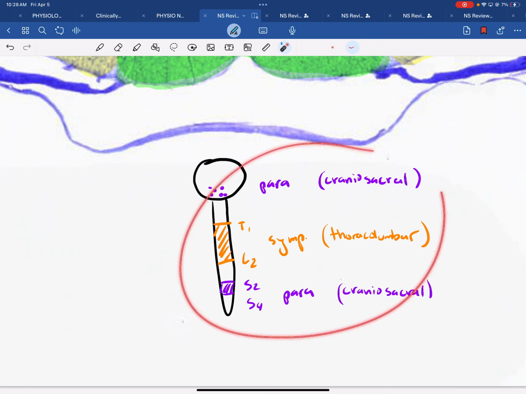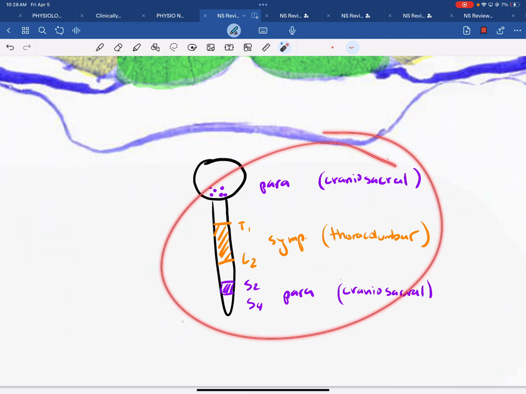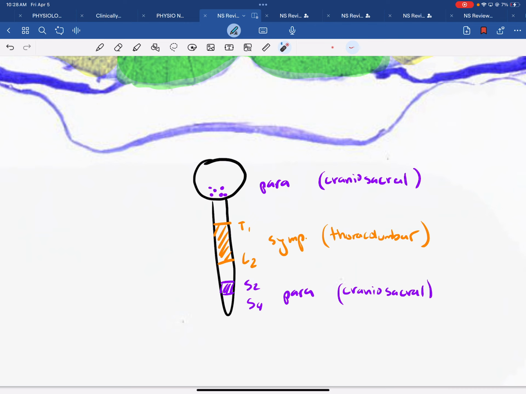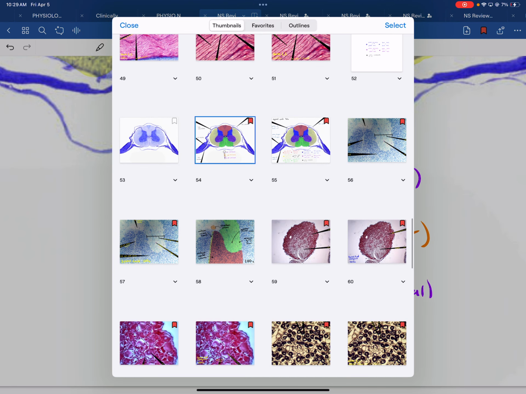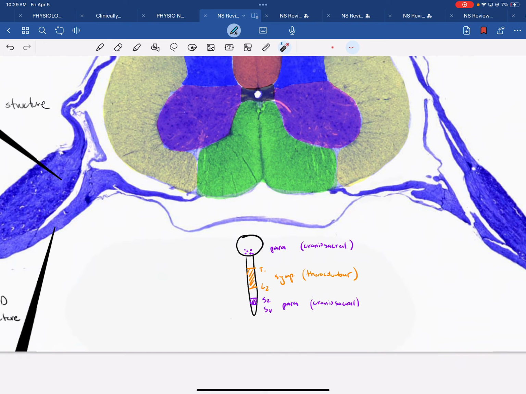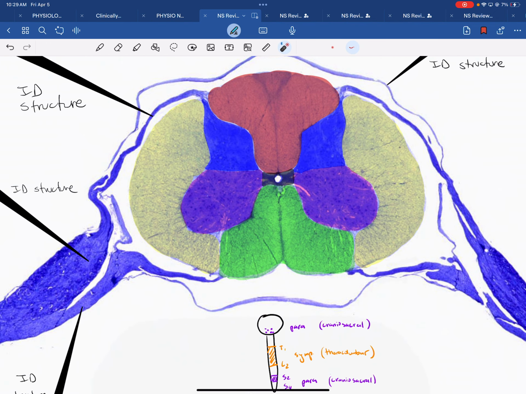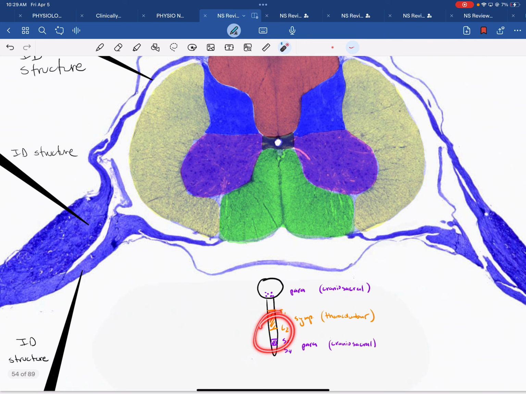That's really useful to remember. So we don't see lateral horns here because they're only in those regions.